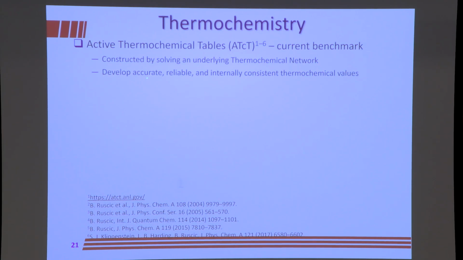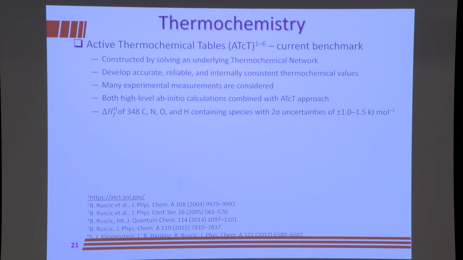But they've developed accurate, reliable, and internally consistent thermochemical tables of species. Okay. So many experimental measurements are considered, and both high-level ab initio calculations are combined with the ATcT approach in arriving at the recommended thermodynamic values that they provide. Okay.